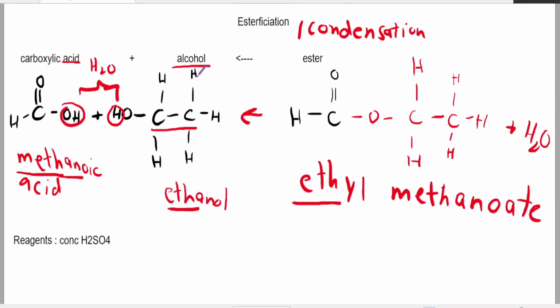Now this reaction is reversible. So esters will react with water to give you alcohol and the carboxylic acid back. So in this case the ester was ethyl methanoate, so the alcohol would be ethanol. Since the acid part has meth in it, I'd get methanoic acid. Now this reaction is known as hydrolysis because you're adding water instead of giving water.